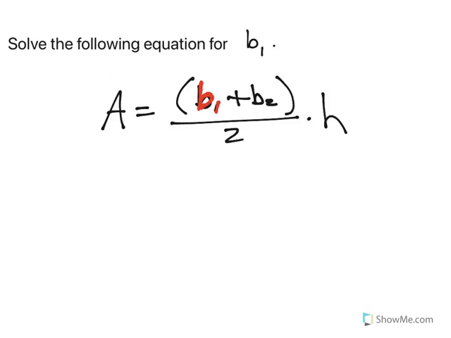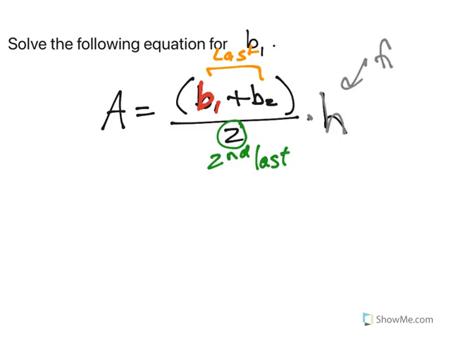So the first thing that I see, remember, whatever you want to get by itself, the closest piece to that is the last thing you do. So B2 is going to be the last thing I move away. And then I think through, well, what's the next closest to that? And that's this 2. So that's going to be second last, which means the only other piece over here is H. So H is going to be the first thing I get rid of.